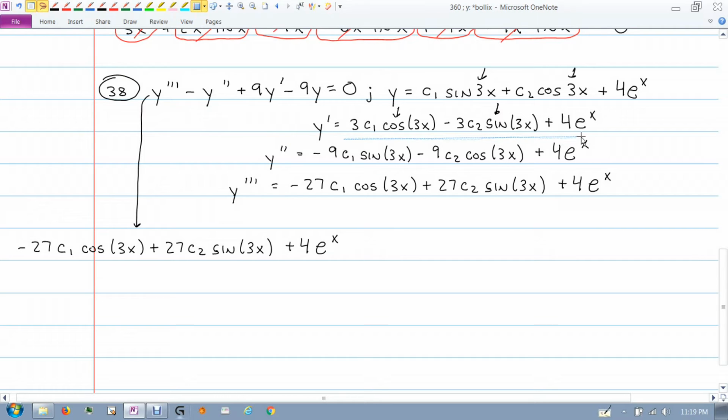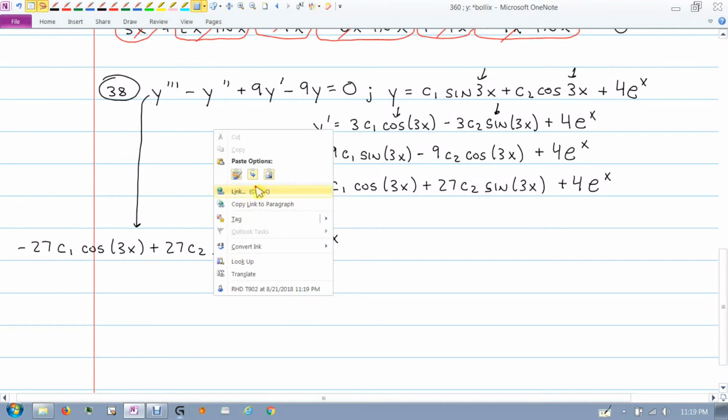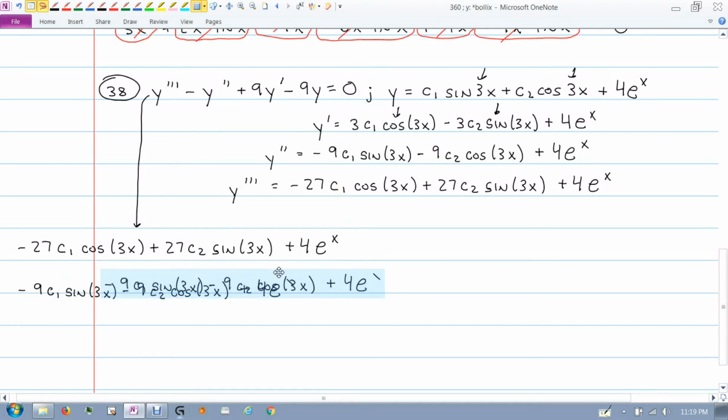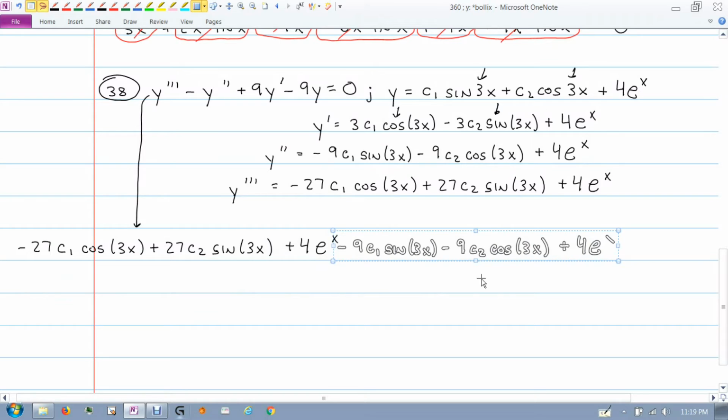There's y double prime, and I'm supposed to subtract this, so I'm going to change the signs of it once I copy and paste it. Go right there, but I've got to change the signs. So this can become plus, plus, and this will become minus, and that was e to the x there.